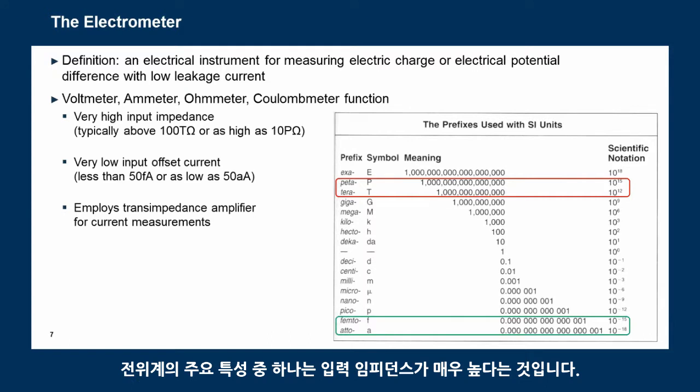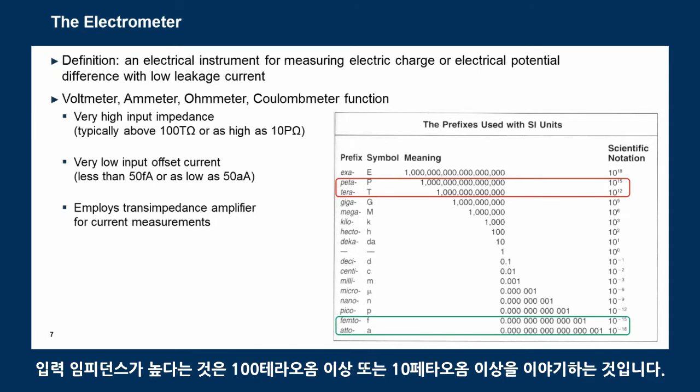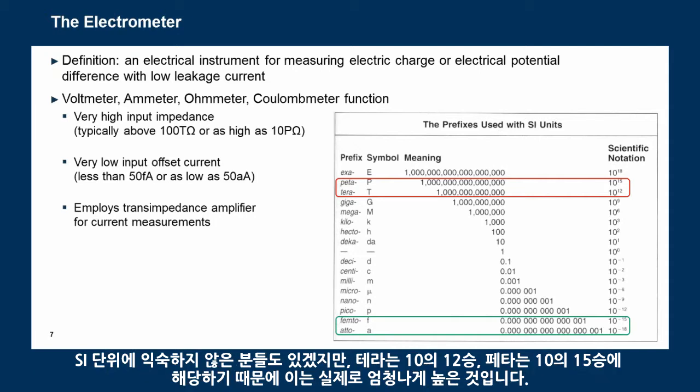One of the main specs of an electrometer is that it has very, very high input impedance. And when I'm talking about very high input impedance, I'm talking about, say, above 100 teraohms or as high as 10 petaohms. And for those of you out there who are not familiar with these SI units, tera refers to 10 to the power of 12 and peta, 10 to the power of 15. So that's really, really high.